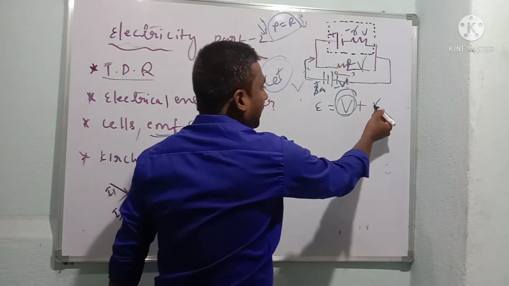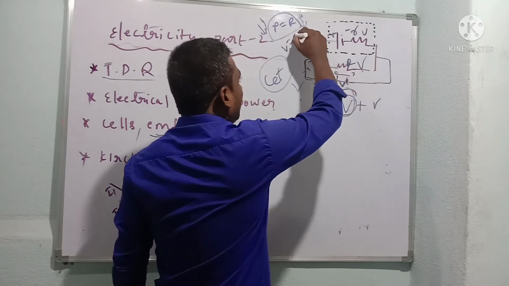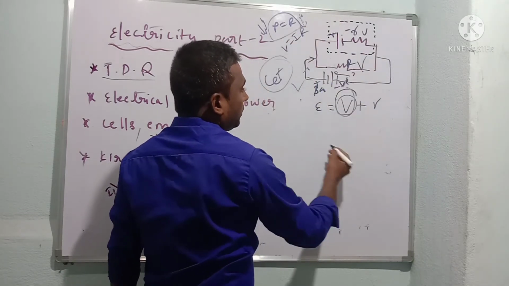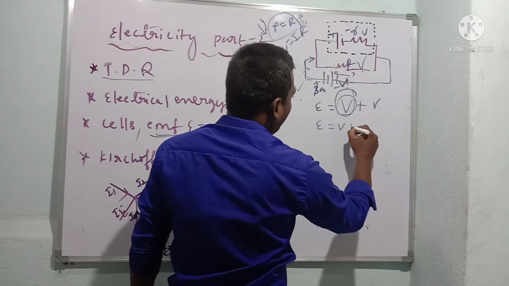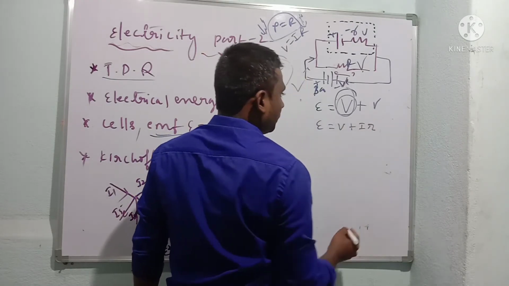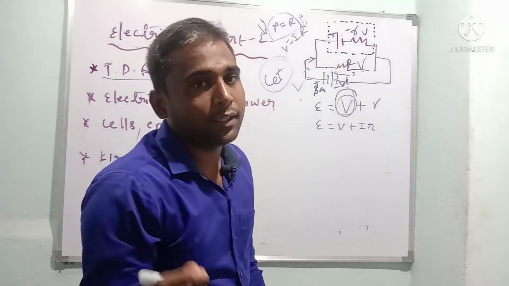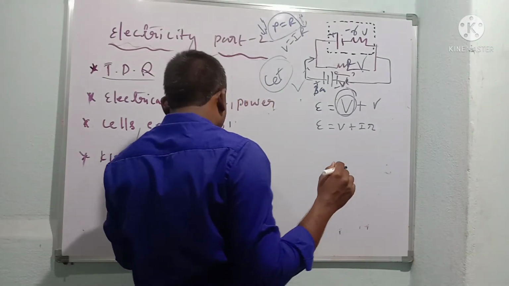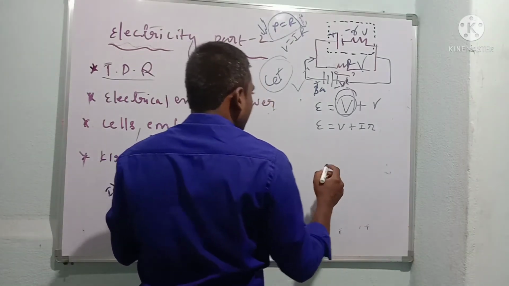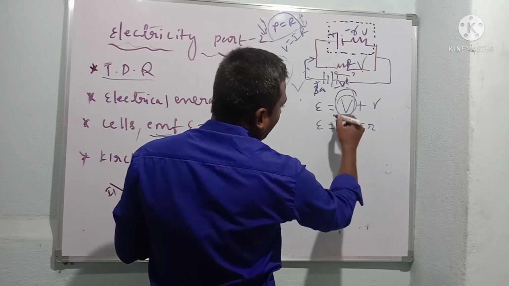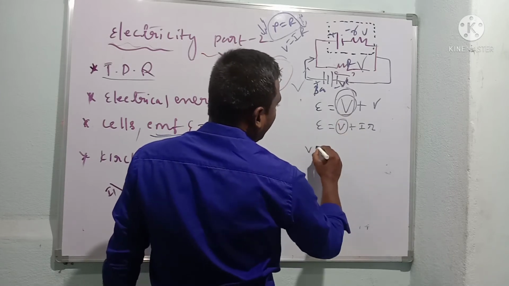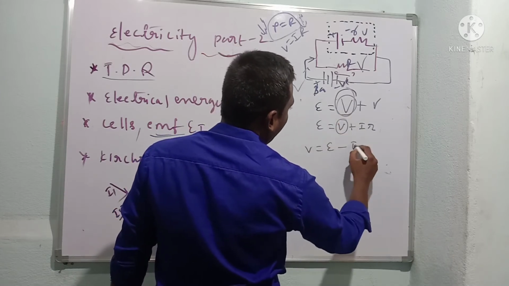Now here, V is equal to, according to Ohm's law, current into resistance. So it becomes E is equal to V plus I into r. r is called internal resistance. Now if I want to find terminal potential difference, V is equal to E minus I r.